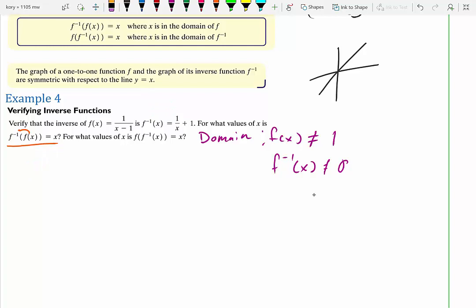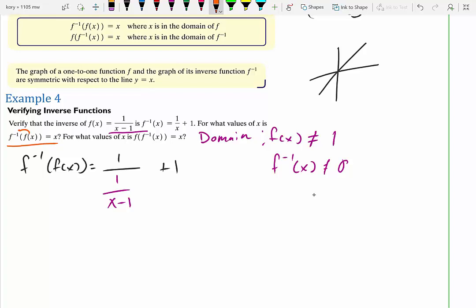So we have our inverse composed with our function. Our inverse is 1 over x. x is our function, so that's 1 over x minus 1, and that's all plus 1. What do we do to get rid of that weird fraction over the fraction?